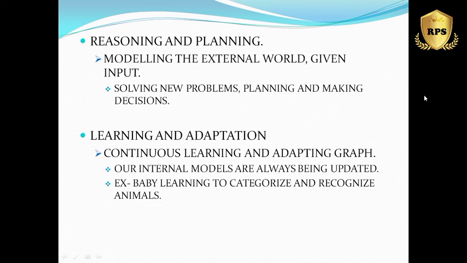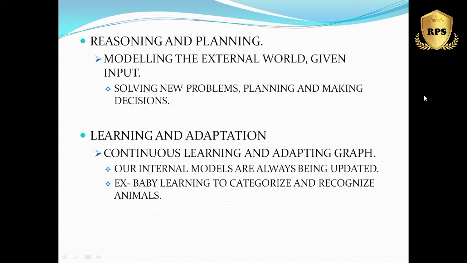Second point is reasoning and planning. We can reason about something or plan something. A human has all these three. I have told you before that we are trying to give these features to machines. So a machine must be able to reason about something or plan something, like modeling the external world given input.